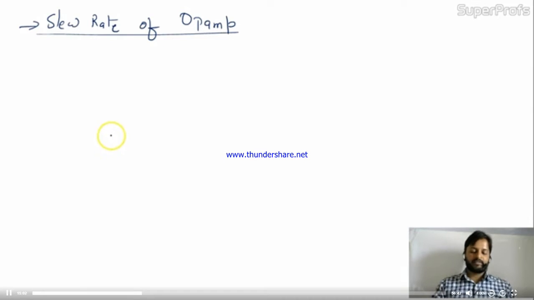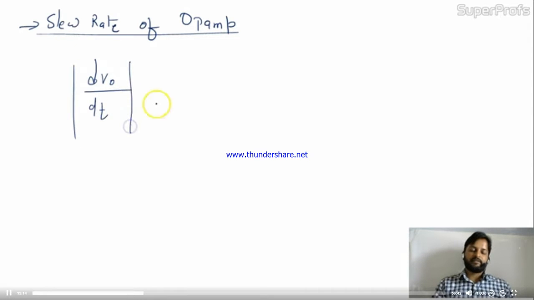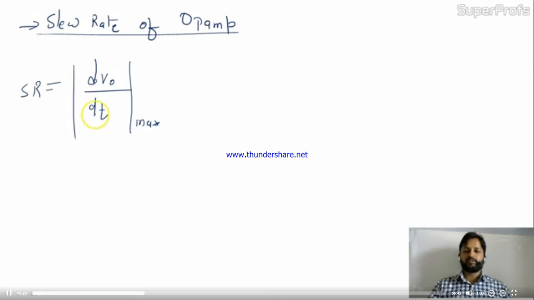Slew rate is the maximum rate of change of output with respect to time. We have seen the formula dV naught by dt. This is nothing but our slew rate. So it is the maximum rate of change of output for all input signals.